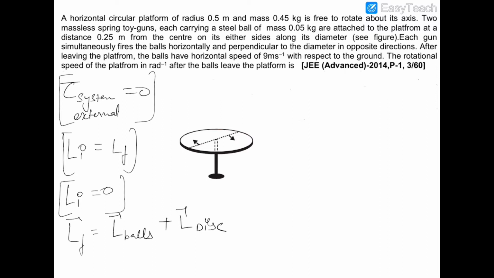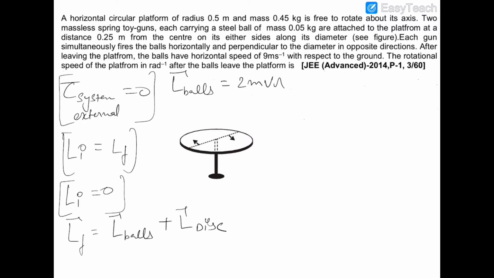Now you can see that the angular momentum of balls will be 2mvr, where 2 is due to the fact that there are two balls which are fired on the different sides of the center and in the opposite directions. So their angular momentum would add up, because this angular momentum would be in clockwise sense and this angular momentum would also be in clockwise sense.